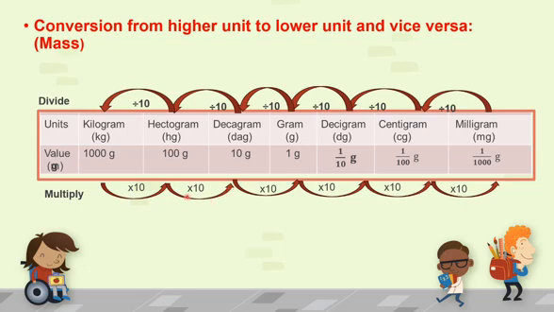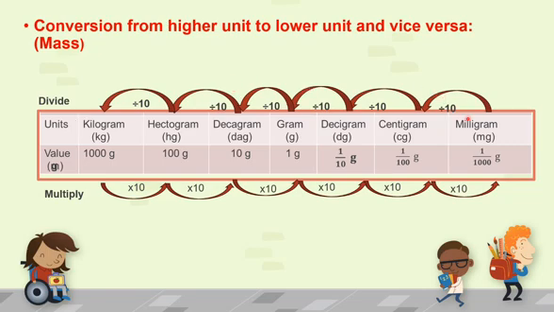The number of times we move is the number of times we multiply by 10. So here, into 10, into 10, into 10; every time we move, we multiply by 10. So going from higher to lower unit we multiply, and going from lower to higher unit we divide. LHD: when we go from lower unit to higher unit, we divide.